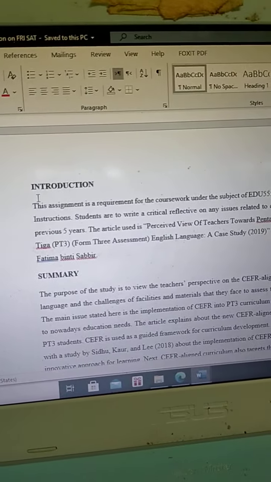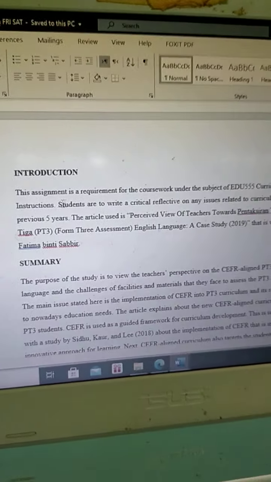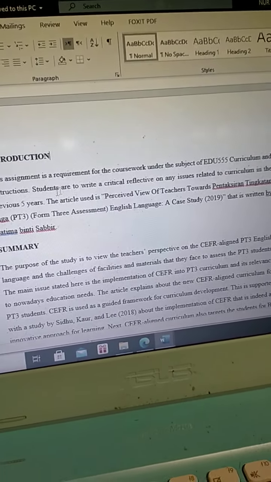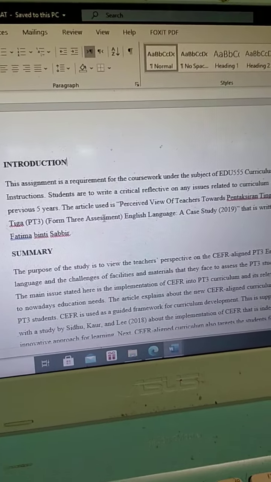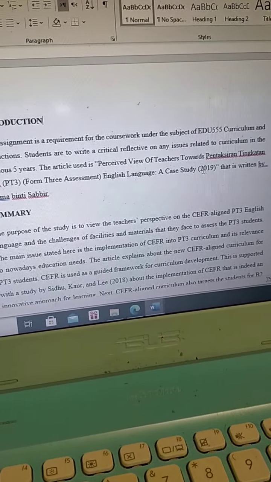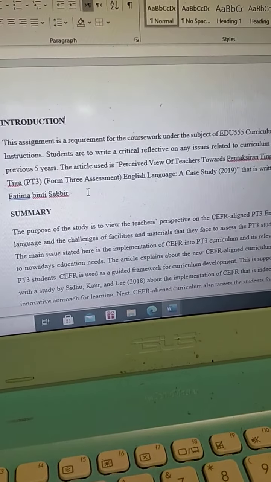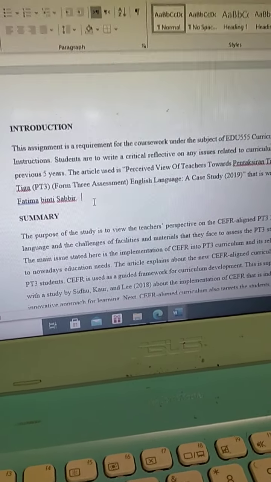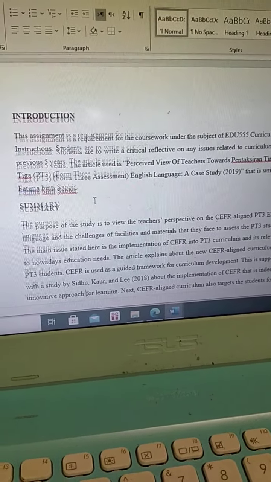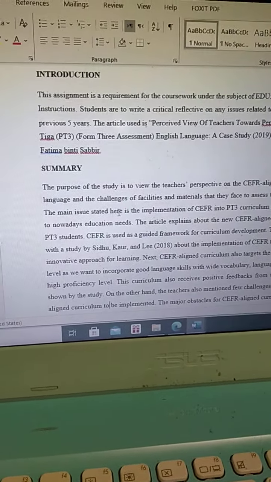Okay, so contoh I bagi introduction, I'll talk about this assignment. Okay, so this assignment is a requirement for the coursework under blah blah blah. And then the article is title article, written by who? Untuk siapa? Kalau dia untuk journal article for UKM ke, journal article for UPF, for research or study, okay, you just write it out.